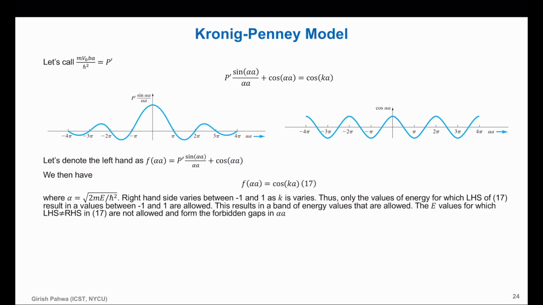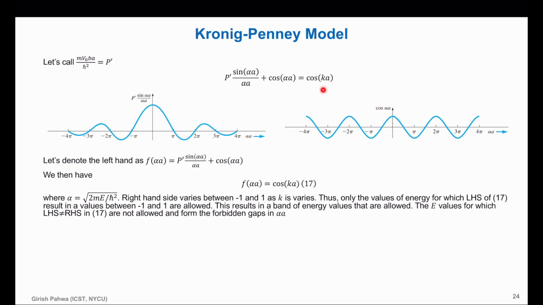Okay, so the right hand side varies between -1 and 1. Whatever k value I have, it will never go beyond -1 to 1. Correct?